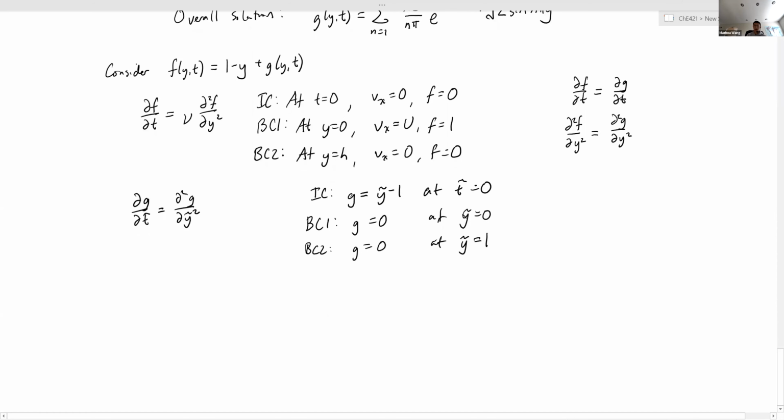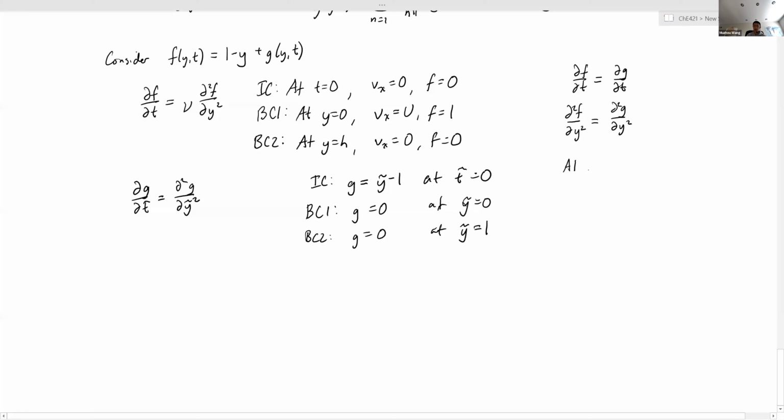Now, at time t equals 0, f of y at time t equals 0 is equal to 1 minus y plus g evaluated at time t equals 0. But according to this initial condition, that's just y minus 1. And so therefore that's equal to 0. Okay?